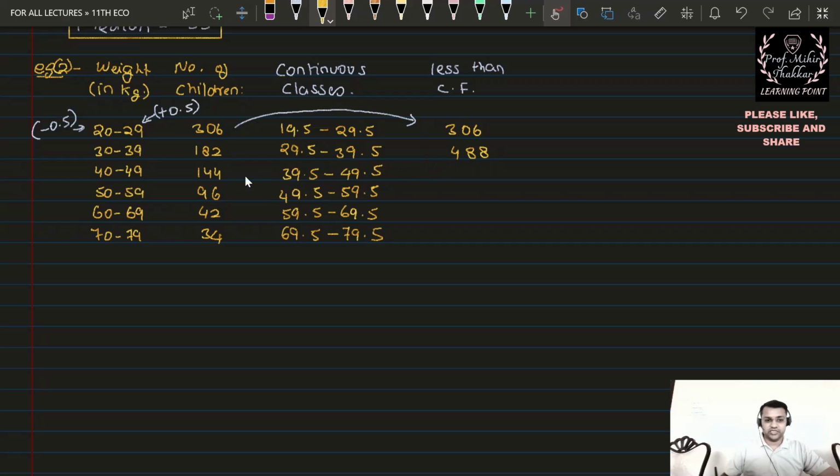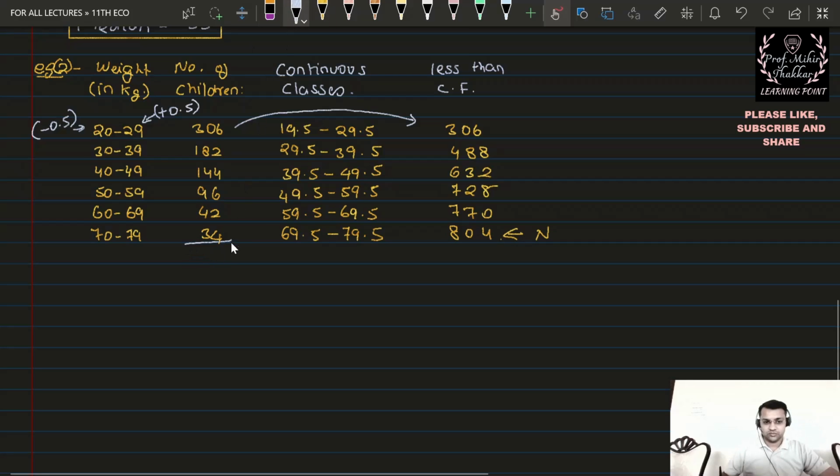After that, 488 and 144, that is going to give you 632. 632 and 96, that is going to give you 728. 728 and 42 is going to give us 770. 770 and 34 is going to give you 804. So this becomes your capital N value. So the total frequency over there is 804.